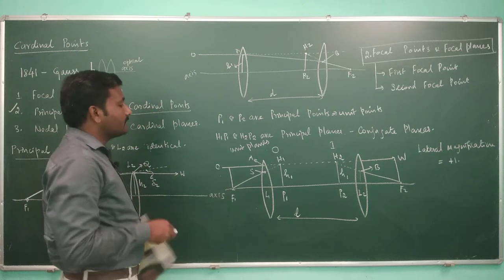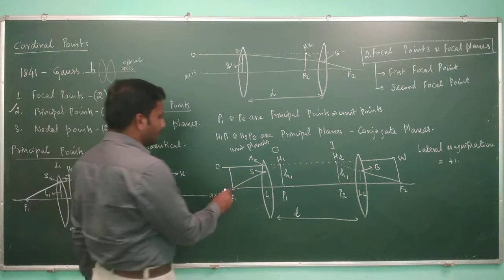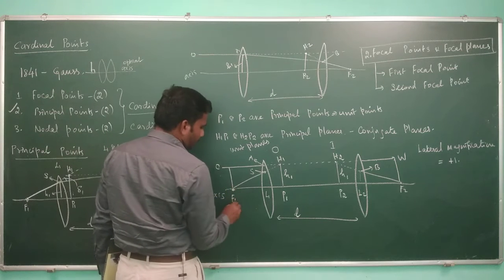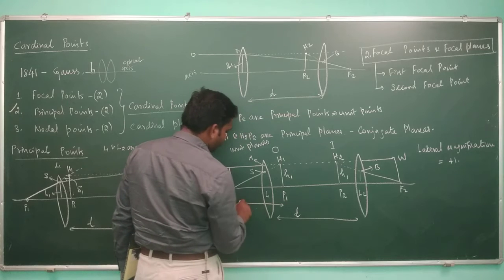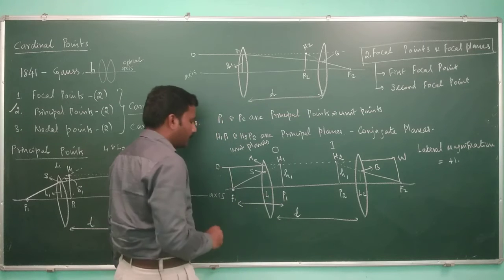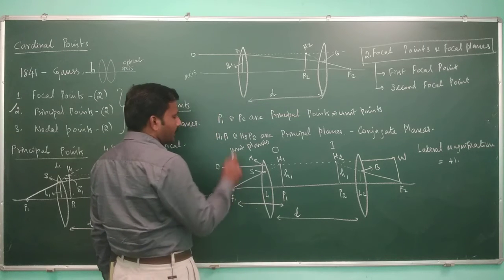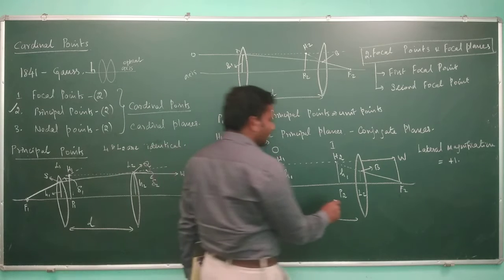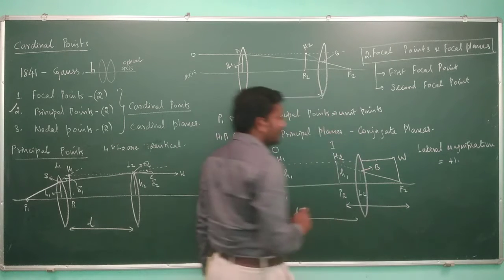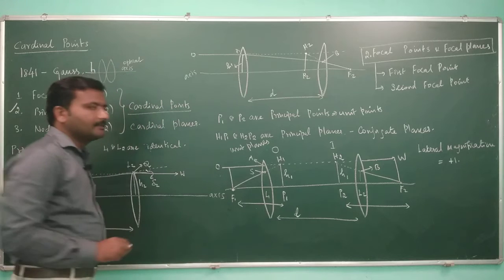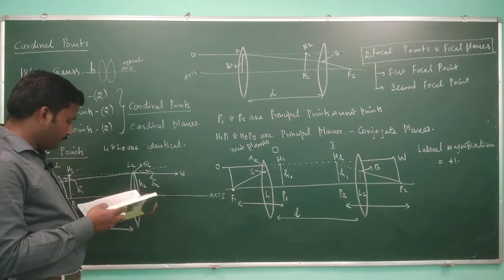Now, what is focal length? The distance between the focal point and the principal point. Focal point 1 to principal point 1 is said to be focal length 1. Similarly, the distance between the second principal point and the second focal point is focal length 2.